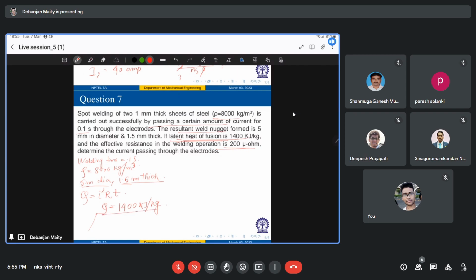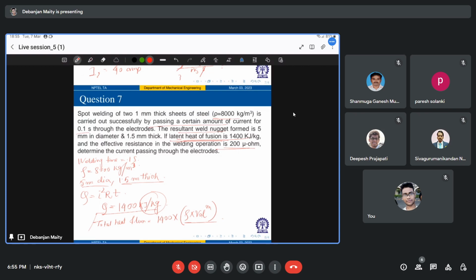If this is 1400 kilojoule per kg, the total heat would be 1400 into the mass of the nugget, right? Am I doing anything wrong?